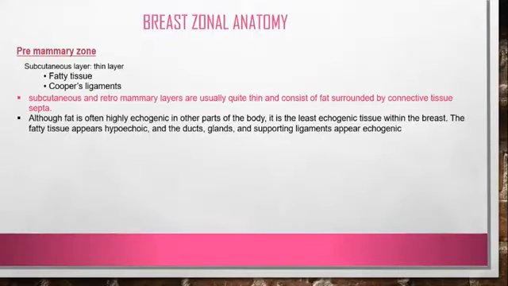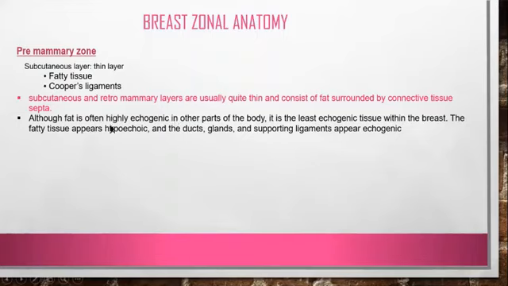Okay, the pre-mammary zone, as we mentioned, is just a loose connective tissue and predominantly fat, containing the anterior layer of the superficial fascia, from which arise the Cooper ligaments extending back, as well as the posterior retromammary zone, both of which are fatty components.